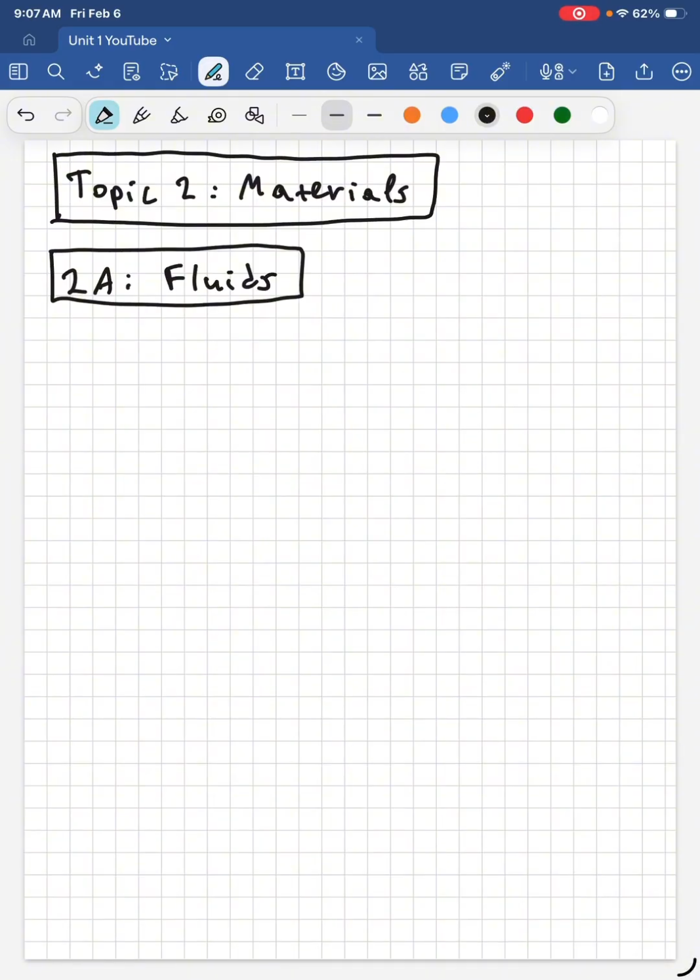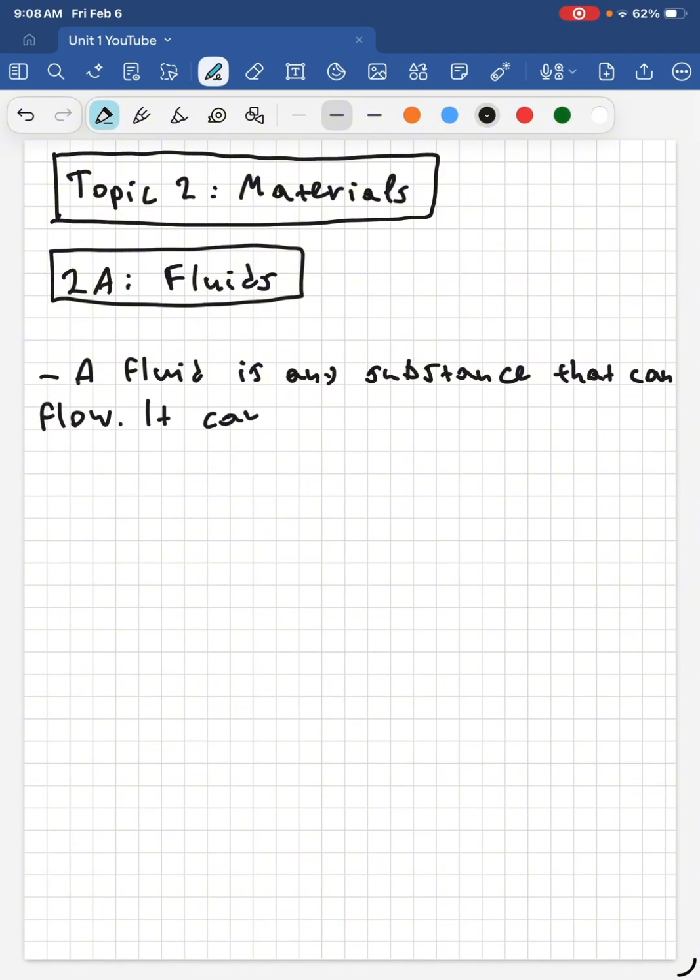what a fluid is. So a fluid is any substance that can flow. It can be a liquid or a gas.